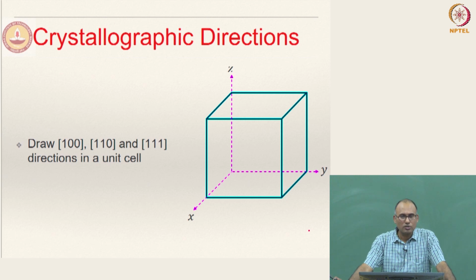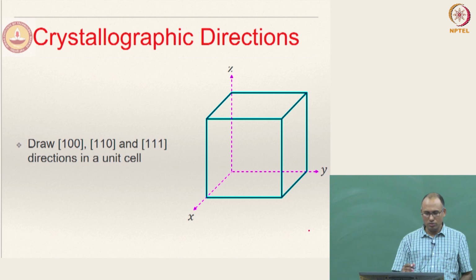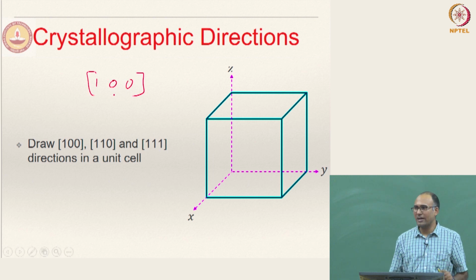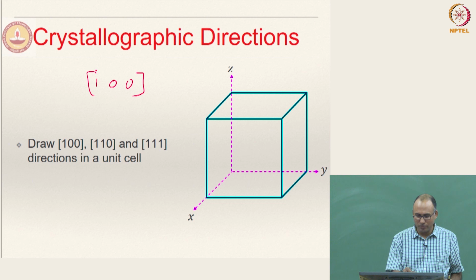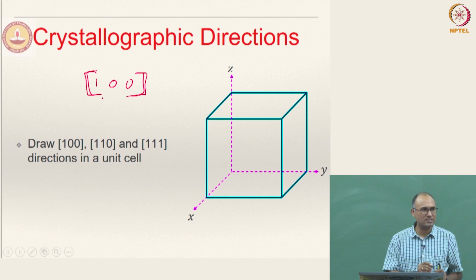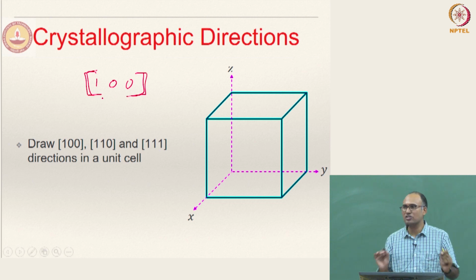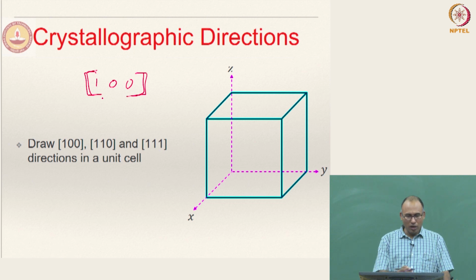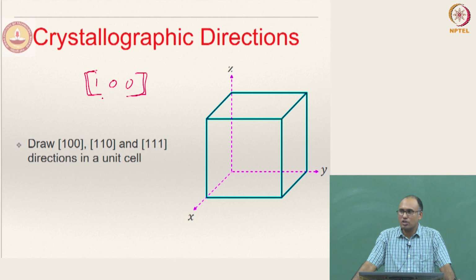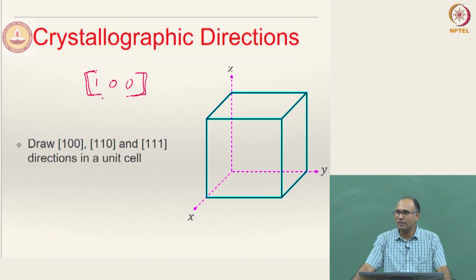So now, when somebody tells you [100], you should immediately understand that it is the representation of a crystallographic direction. They will not tell you. The fact that it is enclosed between square brackets tells you that it is a crystallographic direction. That is something that you should be aware of. And now you need to draw these three crystallographic directions. The projection onto the x-axis is 1 and y and z-axis are zeros.